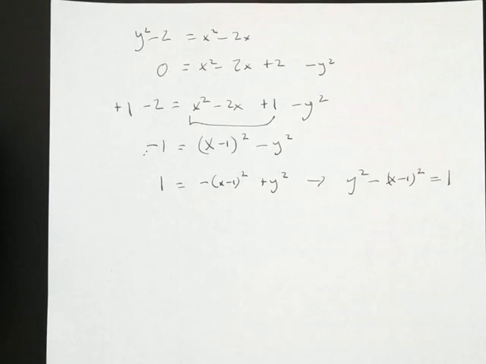Now, most of the time when I think of the equation of a hyperbola, there should be an "over something," right? Like with an ellipse, there should be an over a squared and over b squared. So what can I put under each of those square terms to look like that?